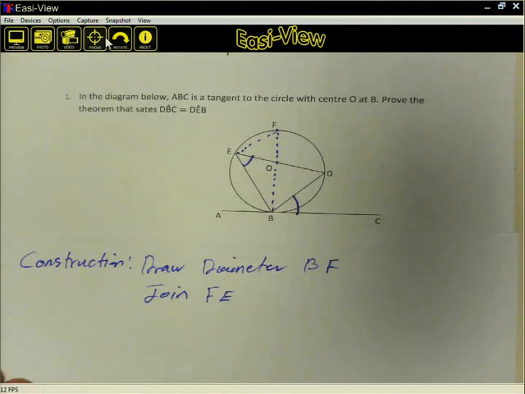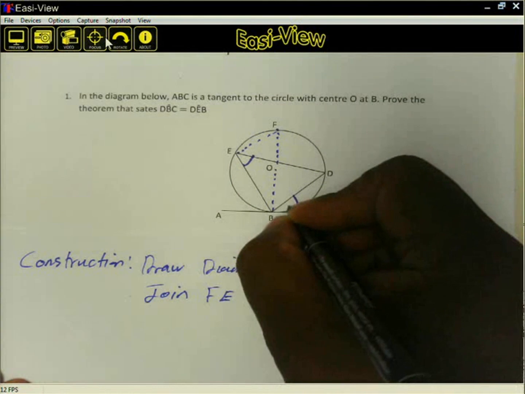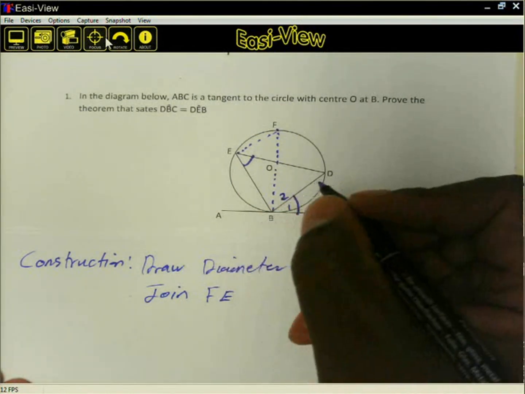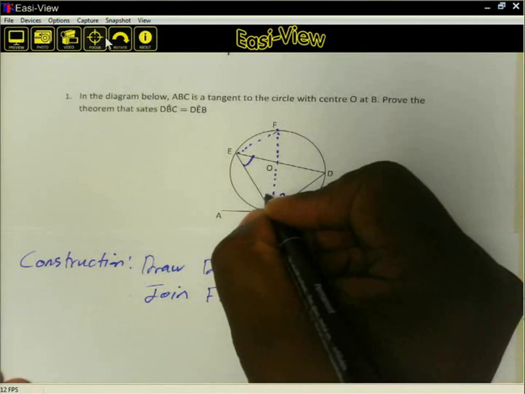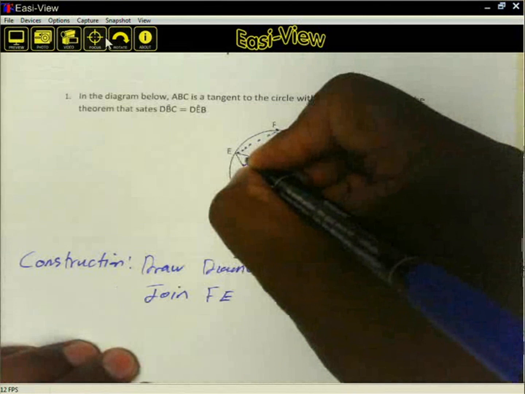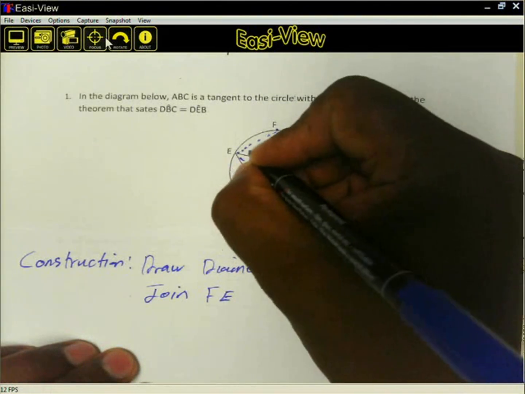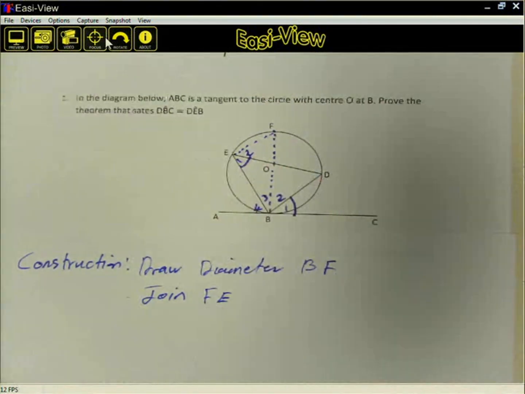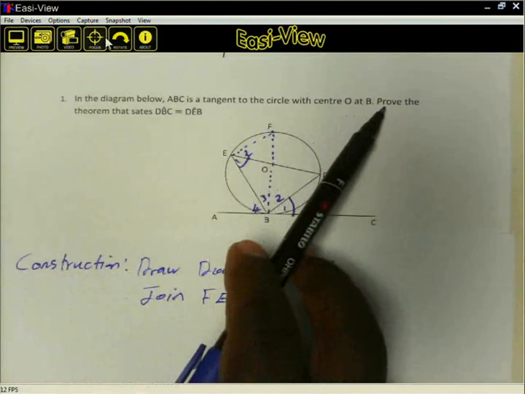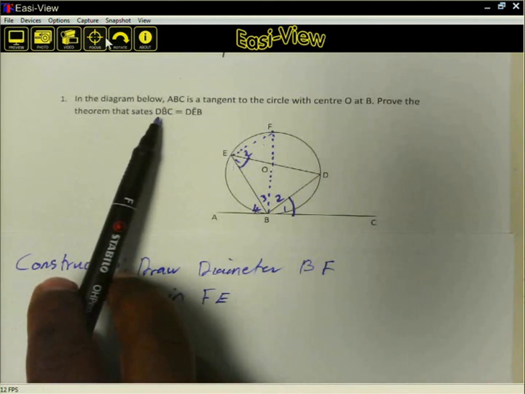Just to try and simplify our workout, let me name this angle B1. Then here we've got angle B2, angle B3, angle B4. And then here let's name this angle E1, and this one will be angle E2. Remember the required to prove part. The question states prove the theorem that states DBC.